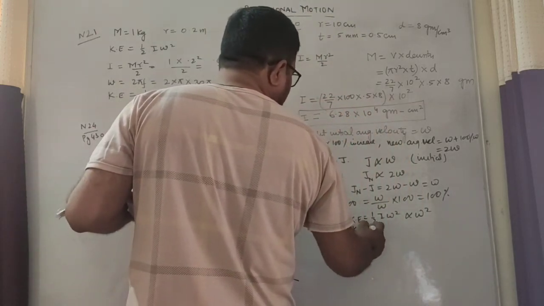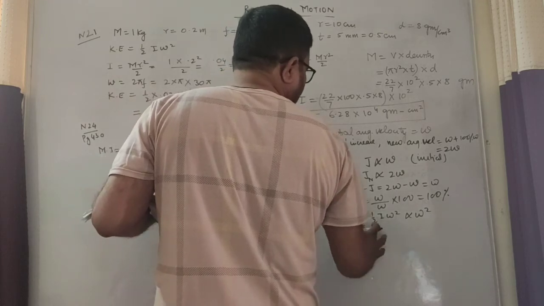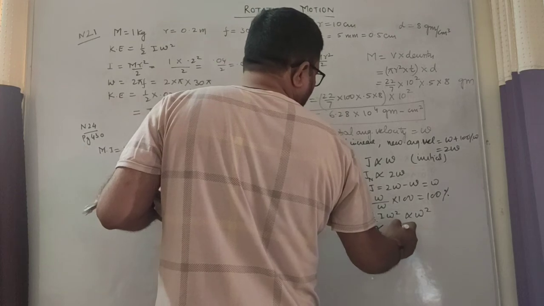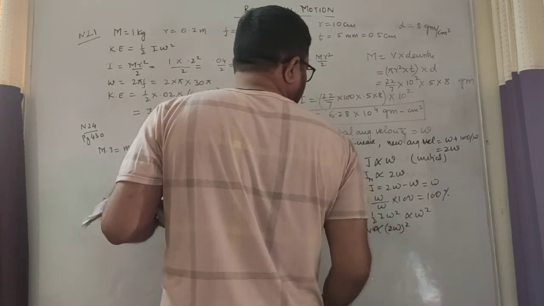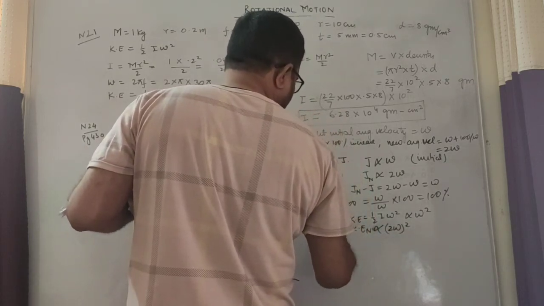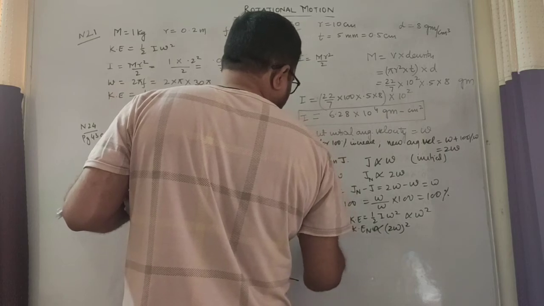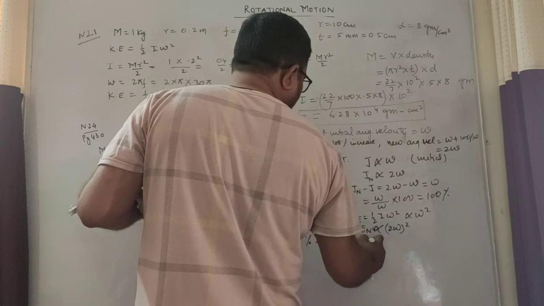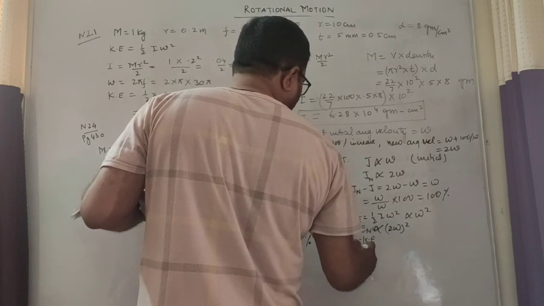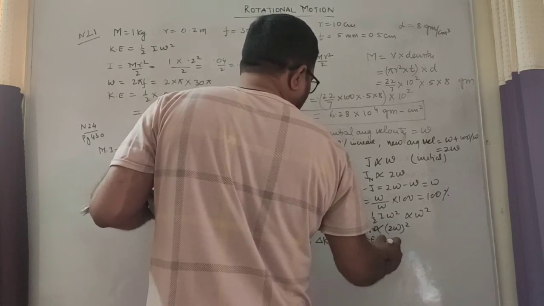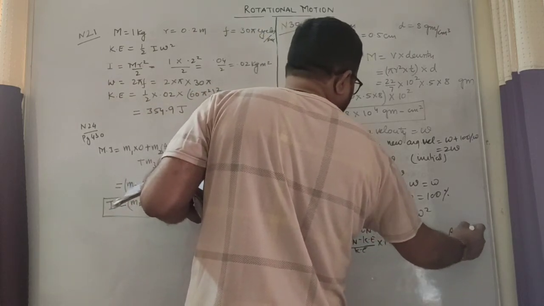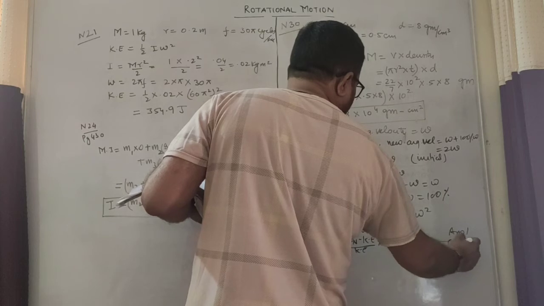Now the new kinetic energy will be proportional to 2 omega square. Then you have to find the percentage change in kinetic energy, which is kinetic energy new minus kinetic energy old upon kinetic energy into 100. This is your answer number 1 for the Google form.